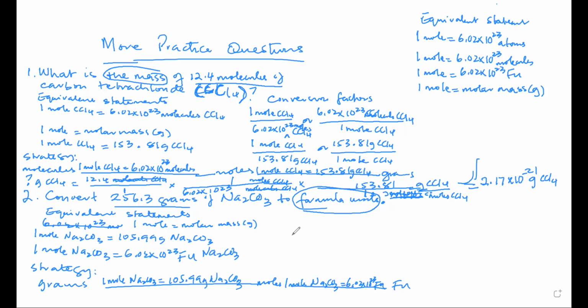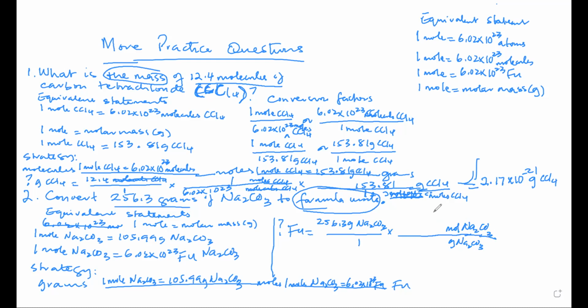Okay, now we want to set up. We want to calculate how many formula units. So this will be 56.3 grams of sodium carbonate over 1 times, sorry, I'm writing too small, grams sodium carbonate over mole of sodium carbonate.